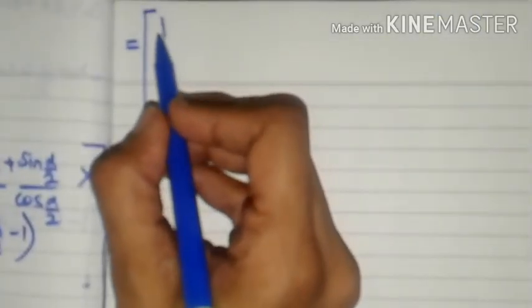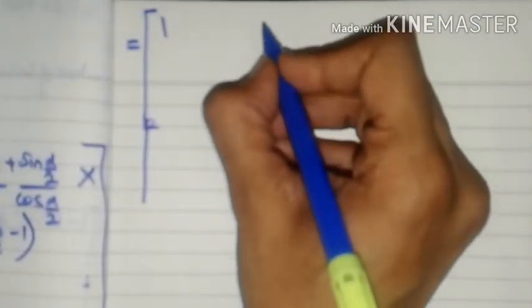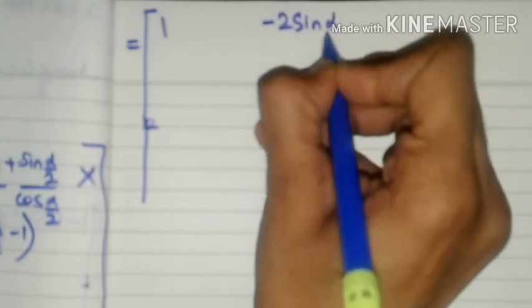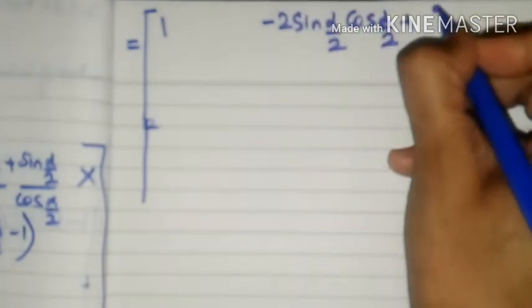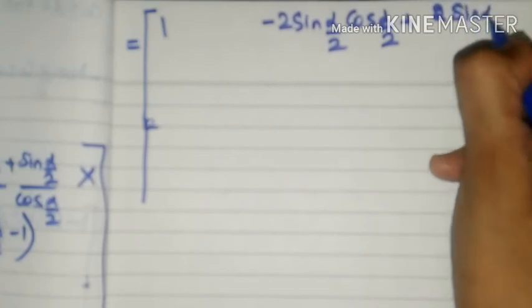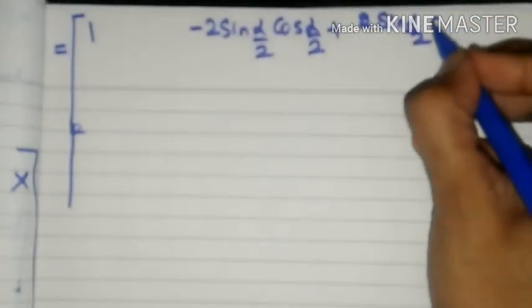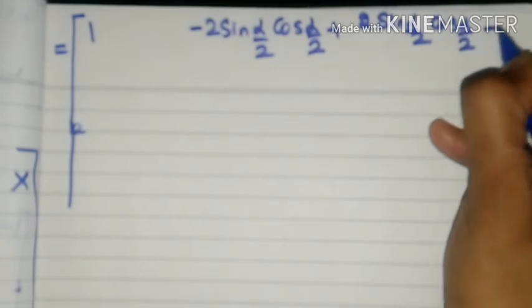So the first entry will be 1. Then after that you will get minus 2 sin alpha by 2 cos alpha by 2 plus 2 times again sin alpha by 2 cos alpha by 2 minus sin alpha by 2 divided by cos alpha by 2.